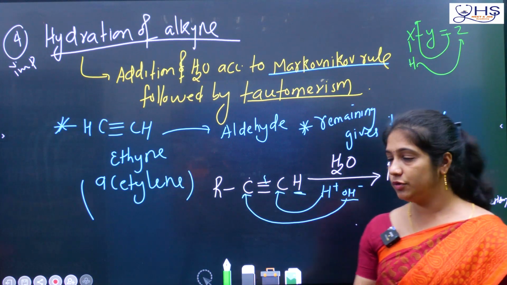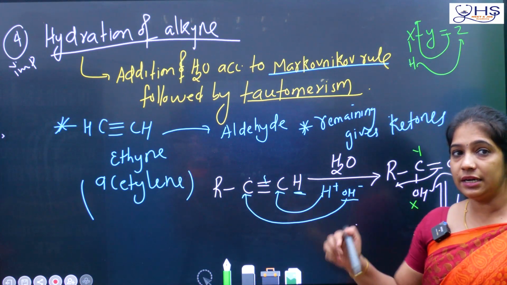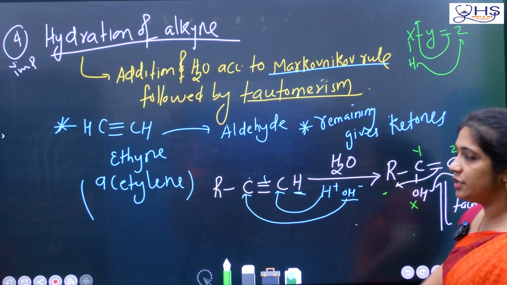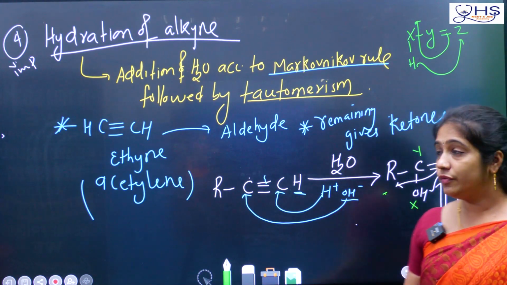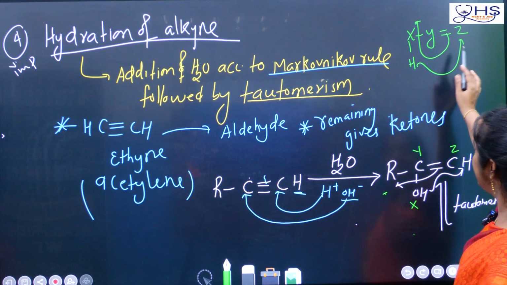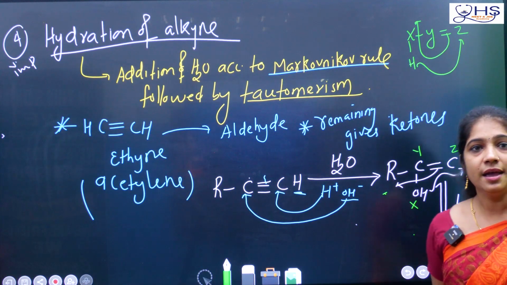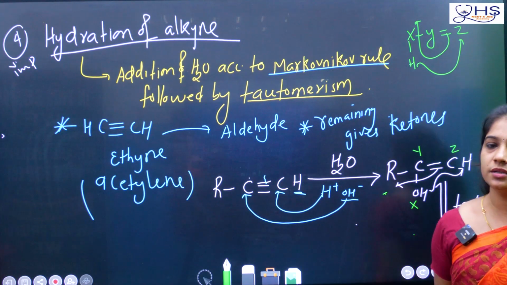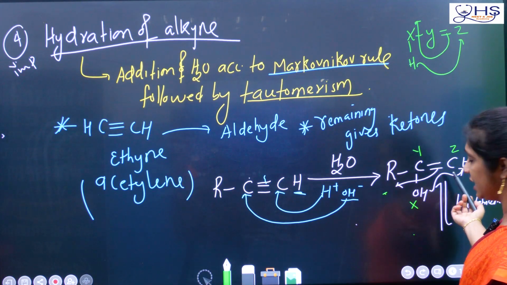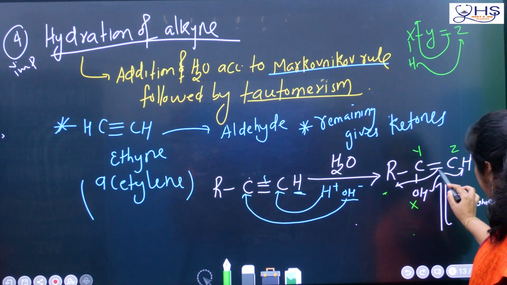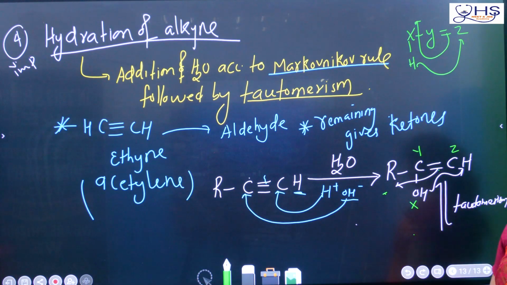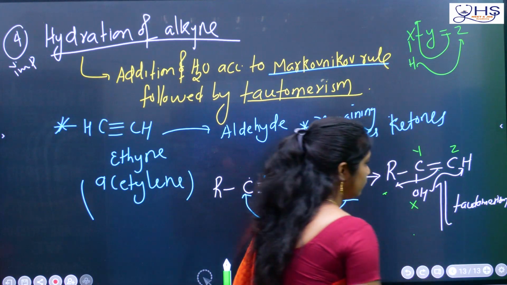Then the next carbon will be Y, and after that, don't come this side, the double bonded carbon you take as Z. So the double bond between Y and Z is shifted between X and Y, and the hydrogen of X is shifted to Z. Or simply, you shift this double bond between carbon and oxygen, and the oxygen's hydrogen you just give to this one.